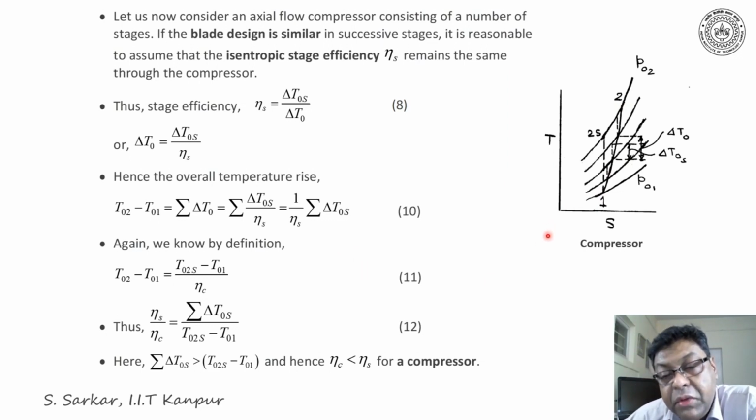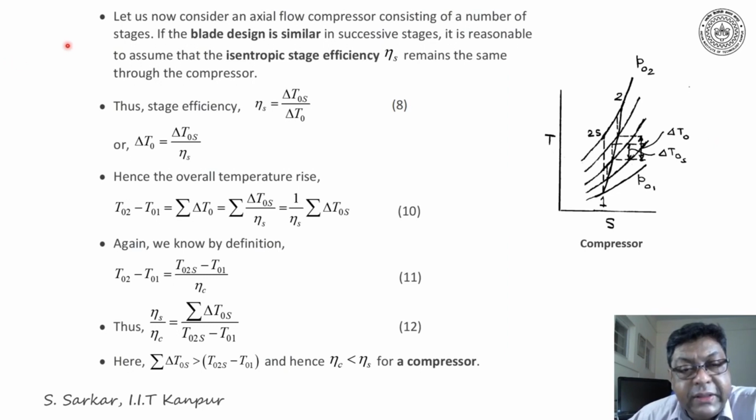Thus here, the isentropic overall temperature rise is represented by 2S and 1, whereas the actual temperature rise is indicated by 1 and 2. And for any stage, the actual temperature rise is indicated by delta T0, whereas the corresponding isentropic temperature rise for that stage is indicated by delta T0S.